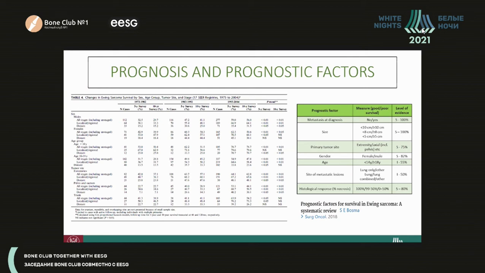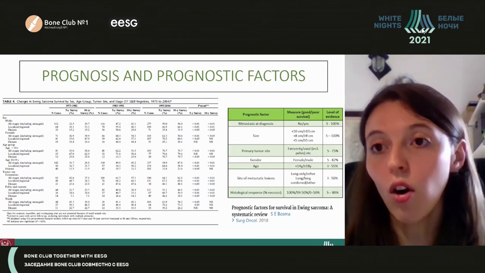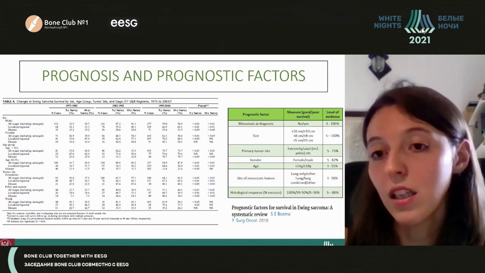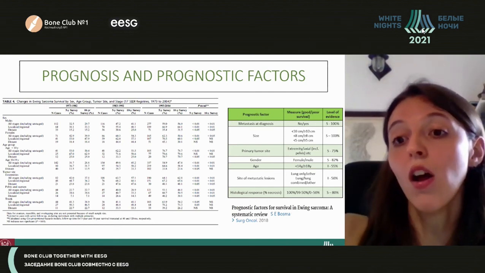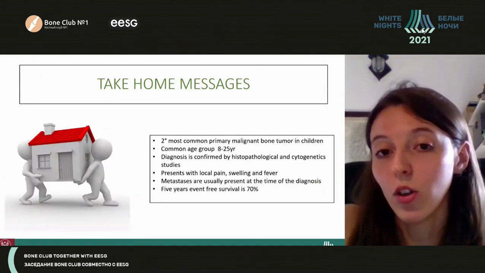In general, what we can see is that in 1973, the overall survival for localized Ewing sarcoma was 40%, and for Ewing sarcoma with distant metastasis was 15%. Now, as we all know, the overall survival is 70% if we have a localized Ewing sarcoma, and is just, unfortunately, 30% for Ewing sarcoma with metastasis at first diagnosis.